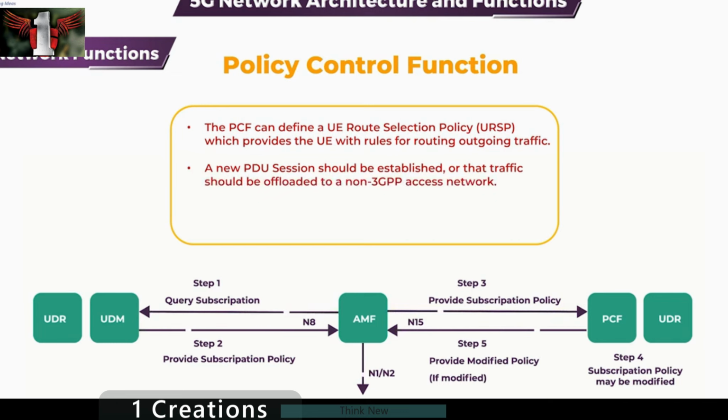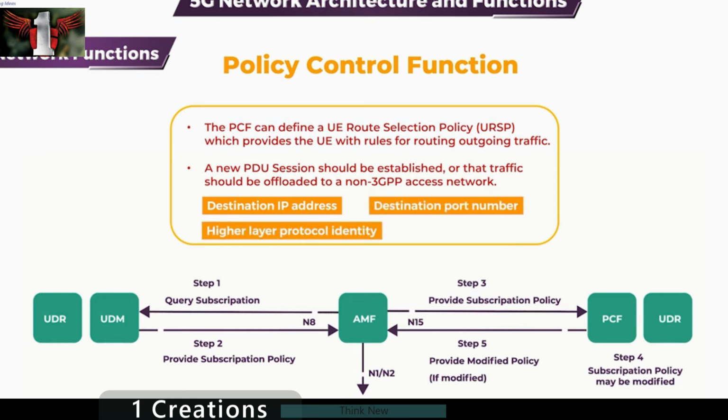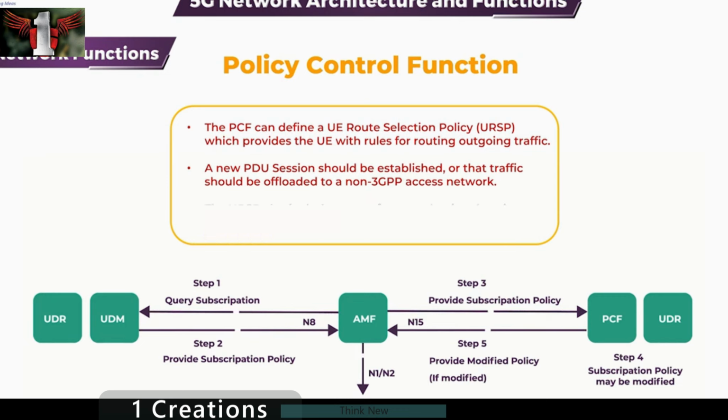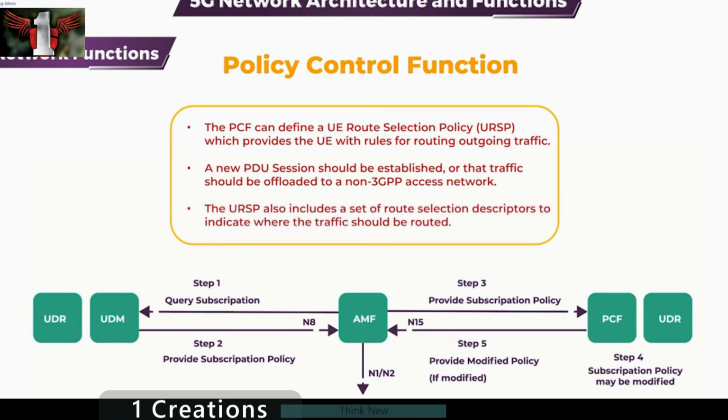The URSP includes a set of traffic descriptors which allows the UE to recognize a specific type of traffic, for example, destination IP address, destination port number, and higher layer protocol identity. The URSP also includes a set of route selection descriptors to indicate where the traffic should be routed, for example, a specific data network name, DNN.